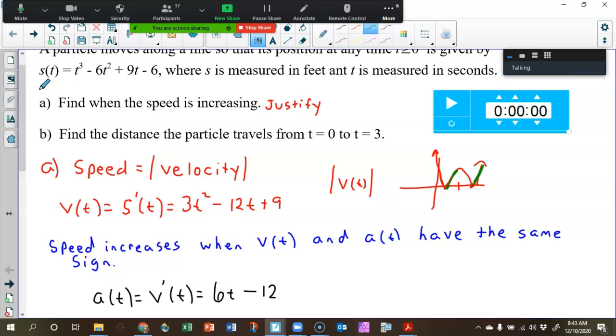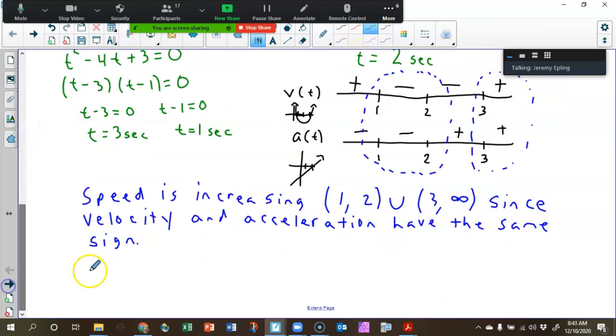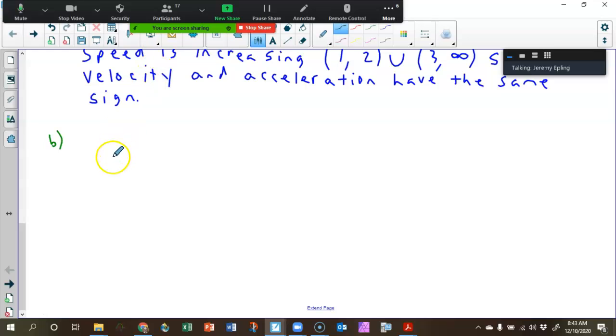Okay, let's talk about part B. And I'm going to give you my suggestion in part B, which is to give yourself a picture. I think it's very, very useful here to give yourself a number line. This is what our particle is moving along.